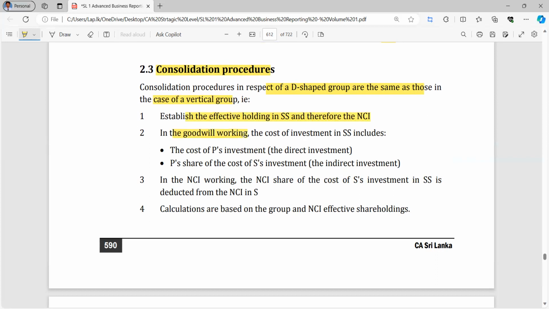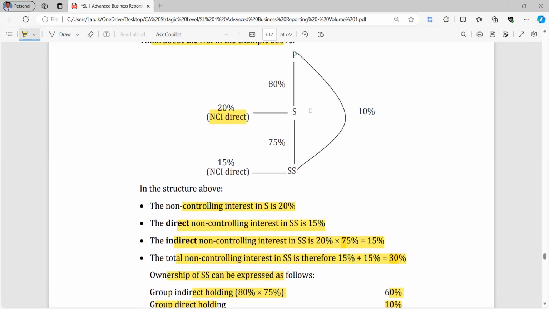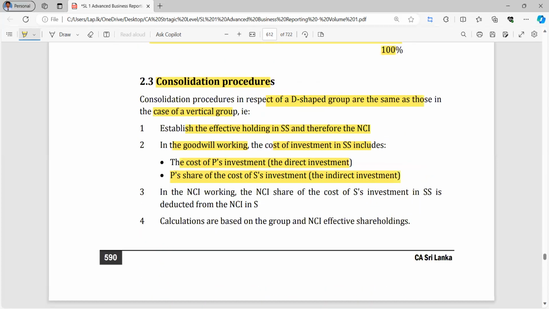In the goodwill working, the cost of investment in SS includes the cost of P's direct investment, so we can recognize 100% of the direct investment. P's share of the cost of S is the indirect investment. Since P acquires 80% of S, in such S investment you can recognize up to 80%.